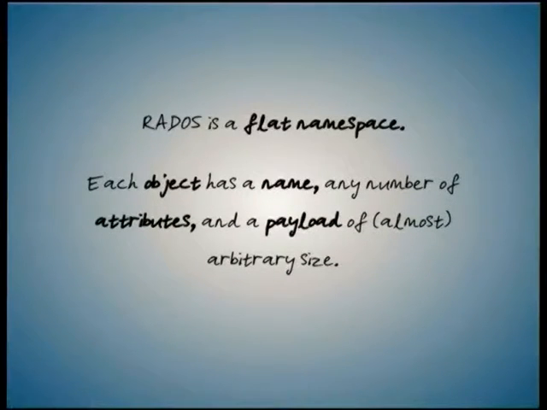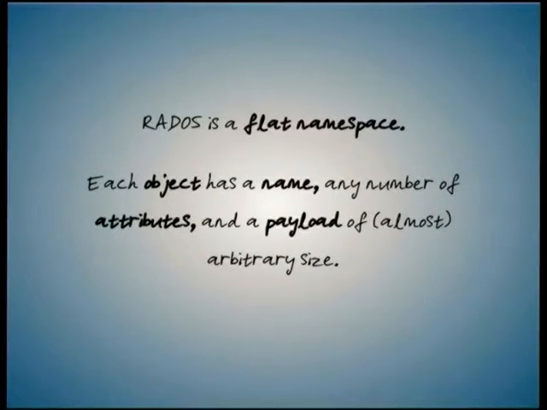So, RADOS is a completely flat namespace. That means that we don't have anything like a directory hierarchy or anything of that nature. It's completely flat. This is something that is very common to pretty much all object stores. And in RADOS, for each object, we have a name, an identifier.